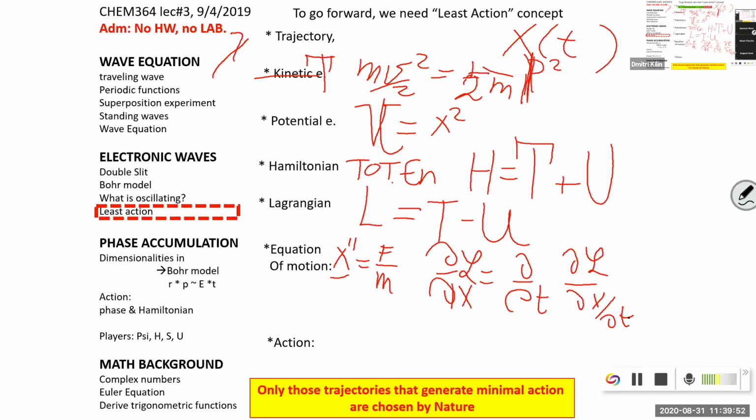And by solving this equation instead of Newton's equation, one can predict the trajectory, find how position changes over time.